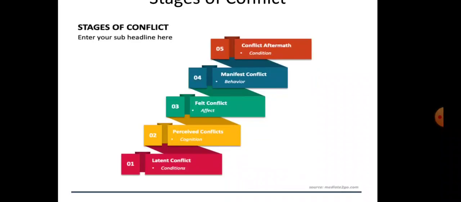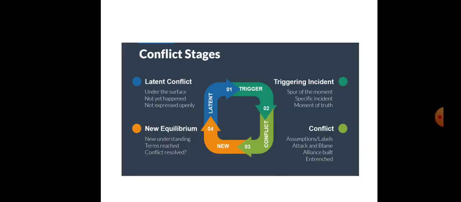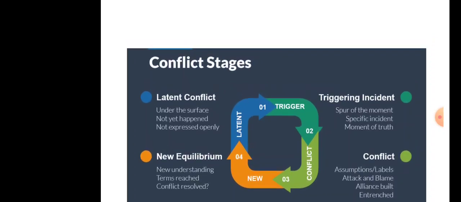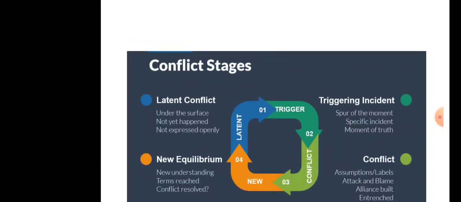Coming to the first one, as the name itself says, latent conflict means it is under the surface, not yet happened. Usually we keep that within us, so it is like a budding stage, it is likely to arise slowly, it takes shape, and later it may explode. That we call latent conflict.